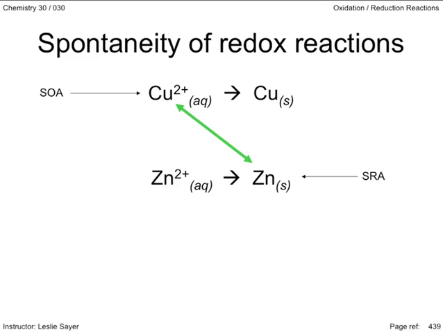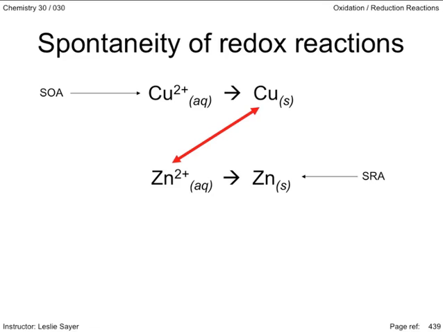An imaginary line drawn between the strongest oxidizing agent and the strongest reducing agent in the top left, bottom right orientation as shown here indicates spontaneity. Put another way, the reaction is spontaneous if the oxidizing agent is positioned above the reducing agent in this table.